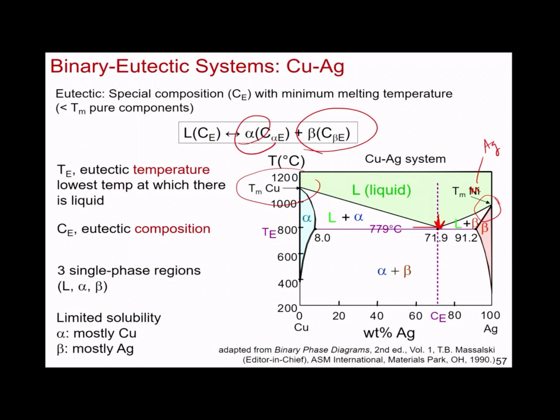Okay. So what exactly is alpha and beta? We said it's solid, so it's a phase, and there's some limited solubility. And so here we see things that we've seen before with the isomorphous binary phase diagram. We see things such as this line. We call that still the liquidus line.